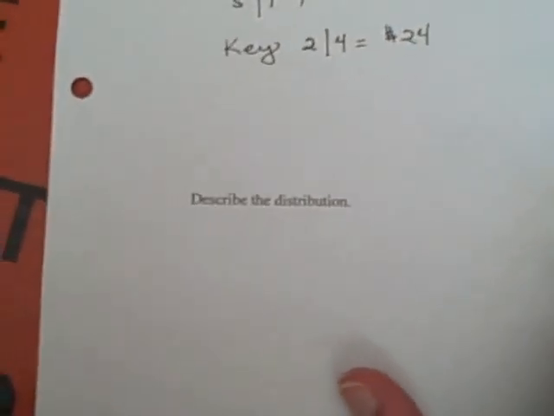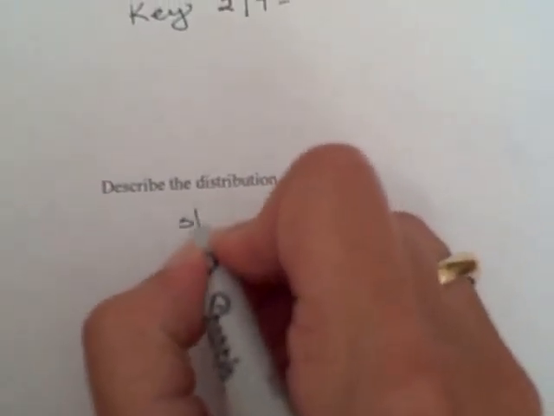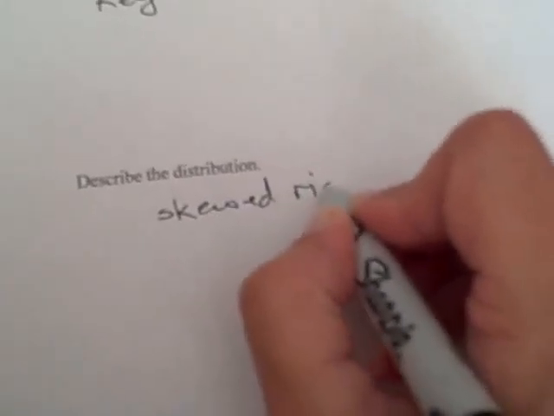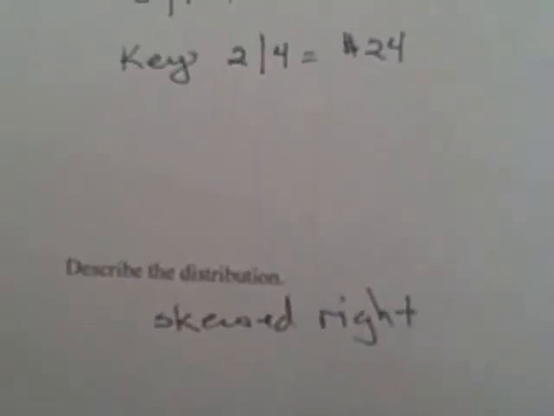So we can see how it's distributed. Most of his meter readings are anywhere from $5 up to $20. Okay? And this distribution is skewed right. Okay? All right. Let me know if you have any questions.